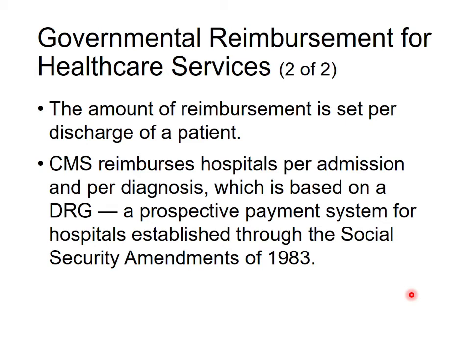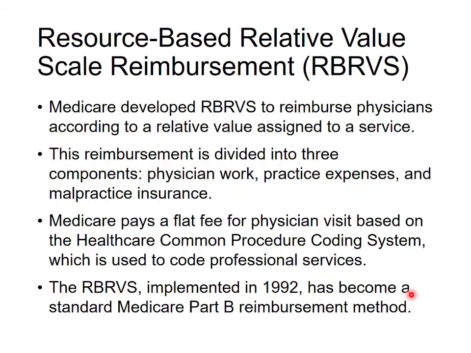So this reimbursement method was able to control certain costs and say, okay, these are the costs that will be provided for that type of diagnosis. Then we also have the resource-based relative value scale reimbursement. Again, it's not easy to take one certain disease process and then come up with, okay, these are going to be all the costs.